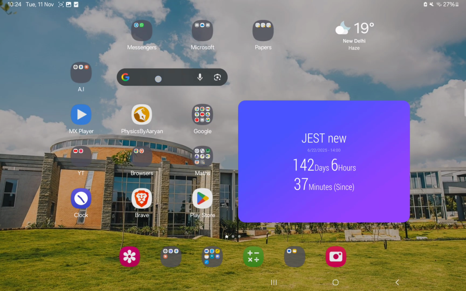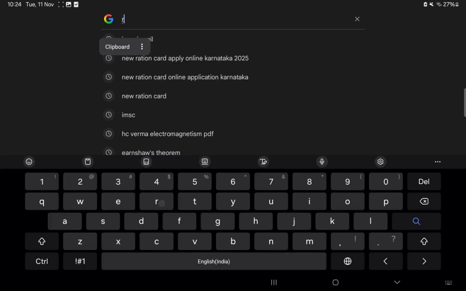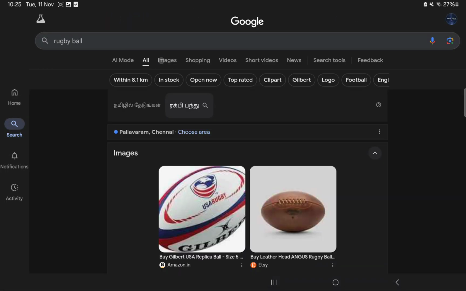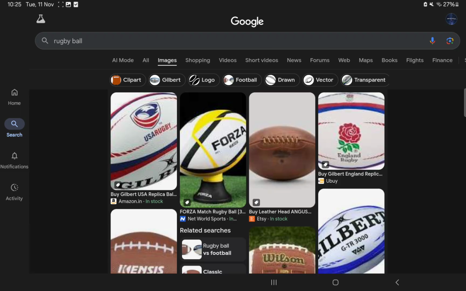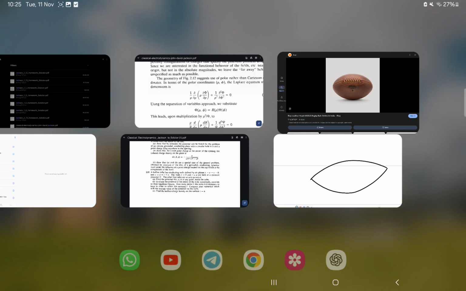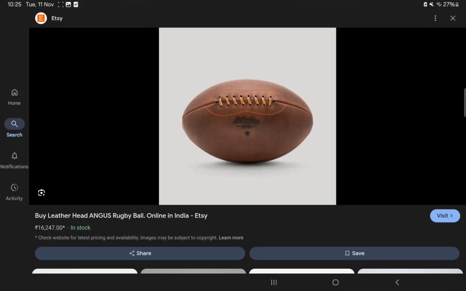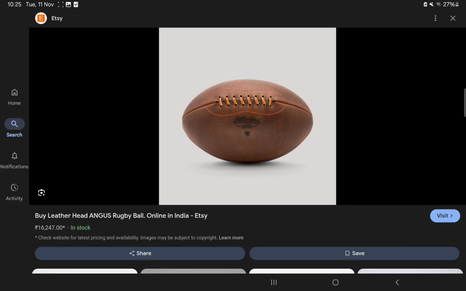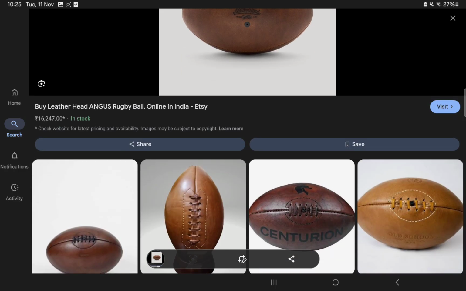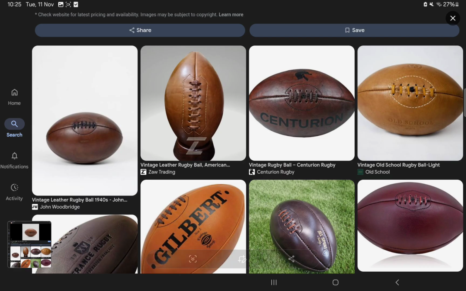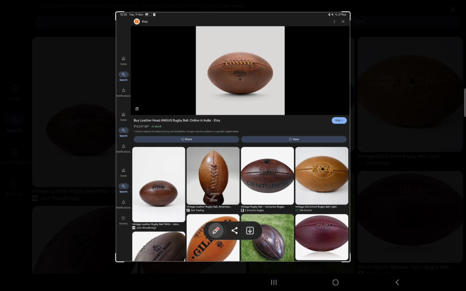So this is how a rugby ball looks, and if I rotate this in a particular direction, doesn't matter how small or big, you will never be able to tell how I rotated it.